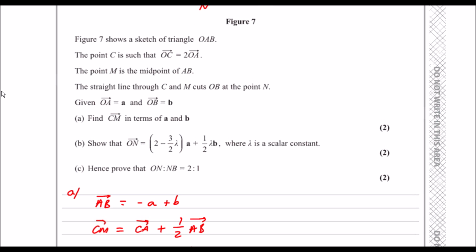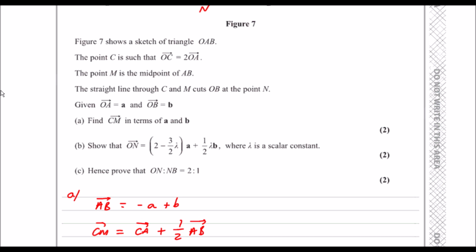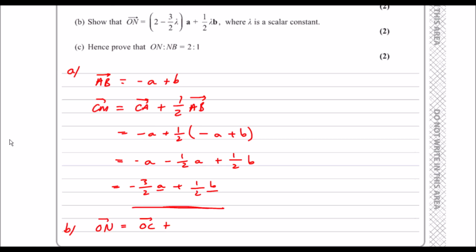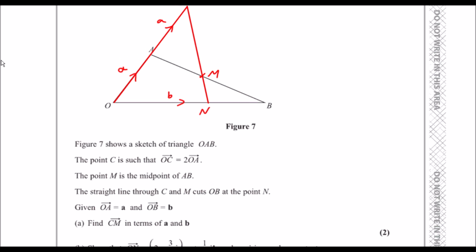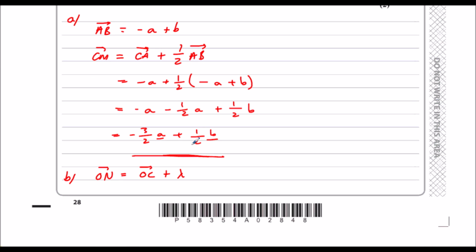Should we call it lambda? Let's go for it. So a fraction of C to M, which is what we just worked out.